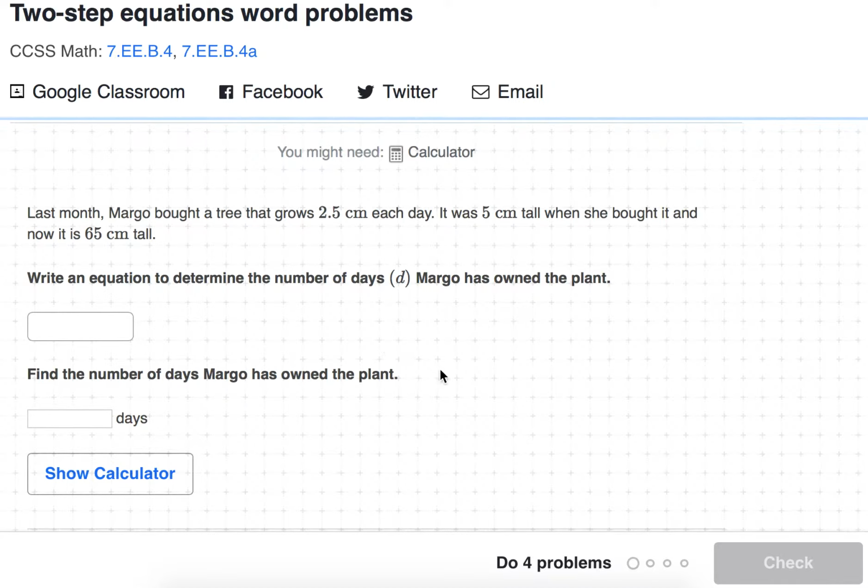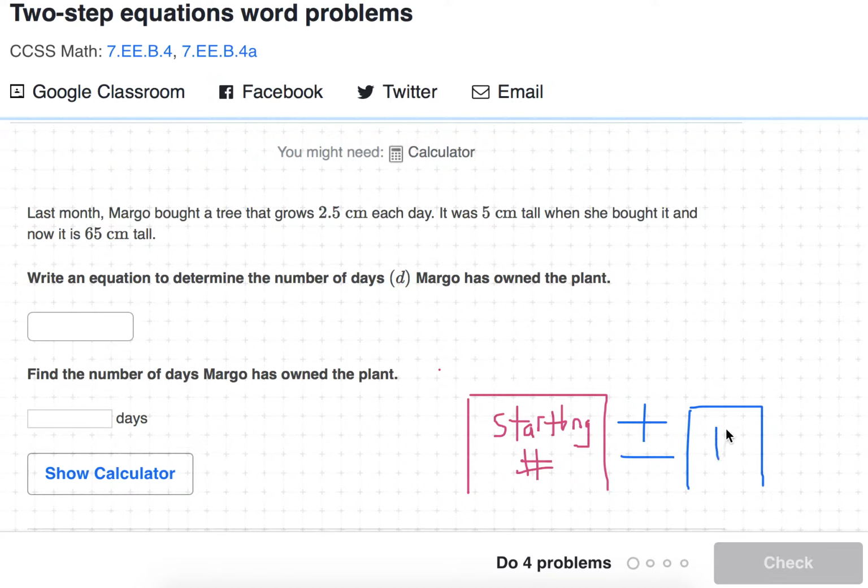So typically in these two-step word problems, there's going to be a starting number, and then we're going to be adding or subtracting the number it's going up or down by, and that second number, the increase or decrease, is going to get multiplied by the variable, because that's what's varying based on time, right?